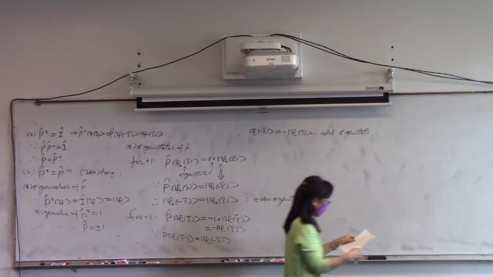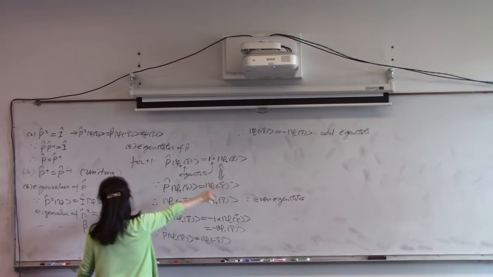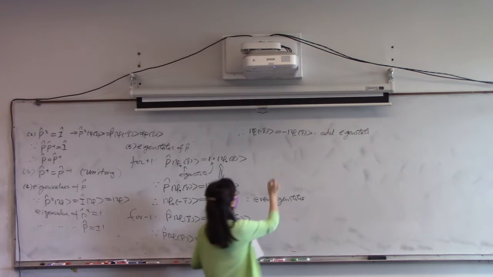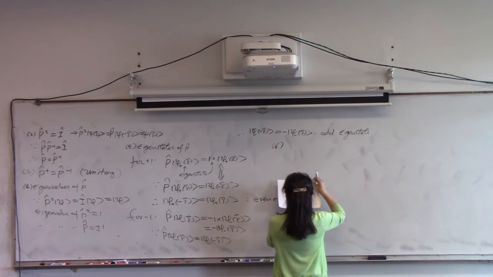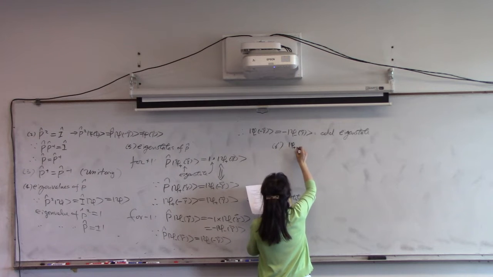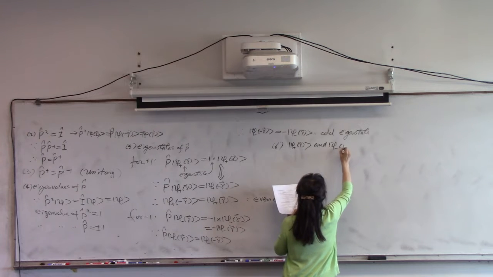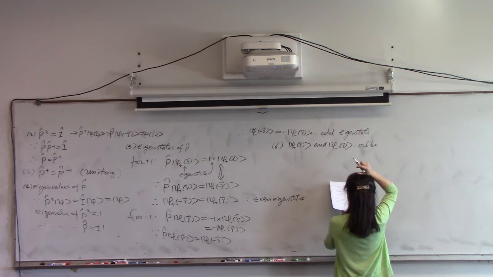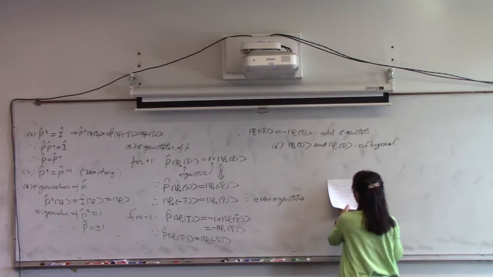Now, the parity operator is Hermitian, right? So we know these two states must be orthogonal. So now number 6: they are orthogonal, or orthonormal.